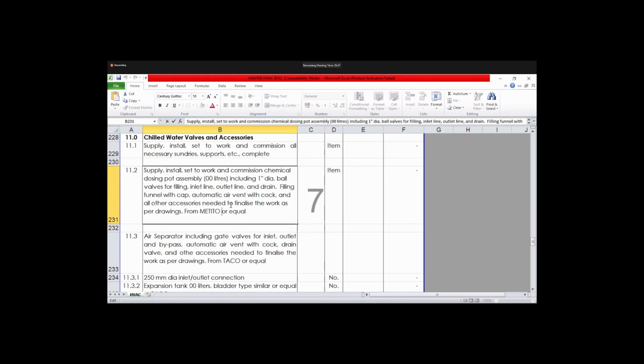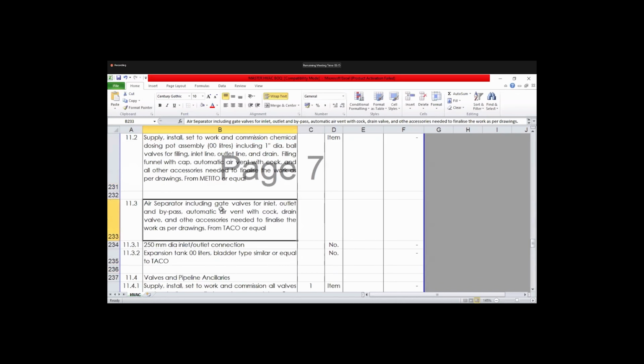While we are charging the line, after the installation is done and after testing, the air should be removed from the pipeline. So as we charge, the air will be removed from the air vent. This is also important, the air vent with cock, valve and other accessories.